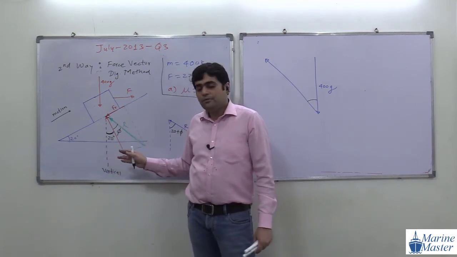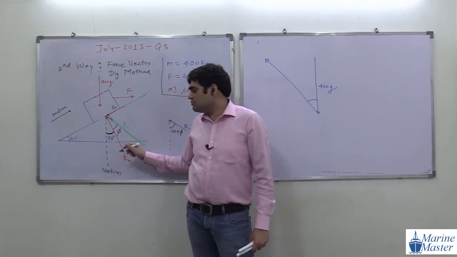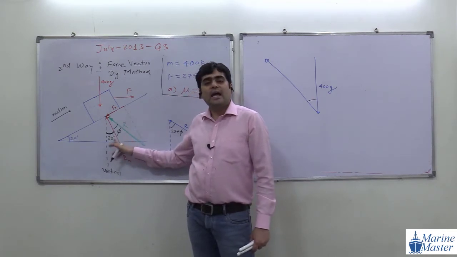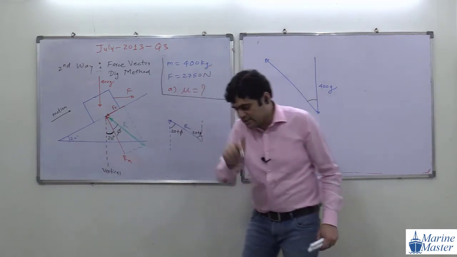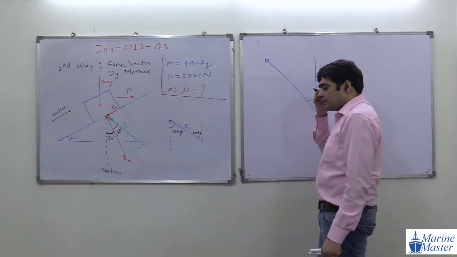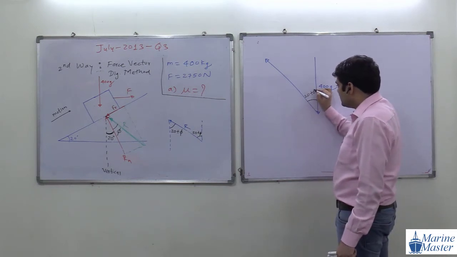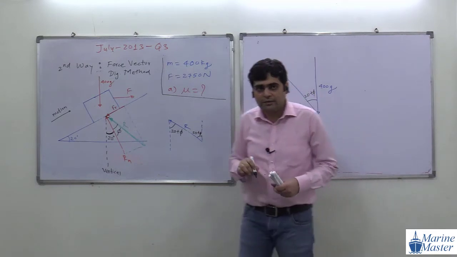But in this scenario the plane is inclined, so the angle is 20 plus phi, where 20 is the angle of the plane. Are you getting my point? So this angle is 20 plus phi.